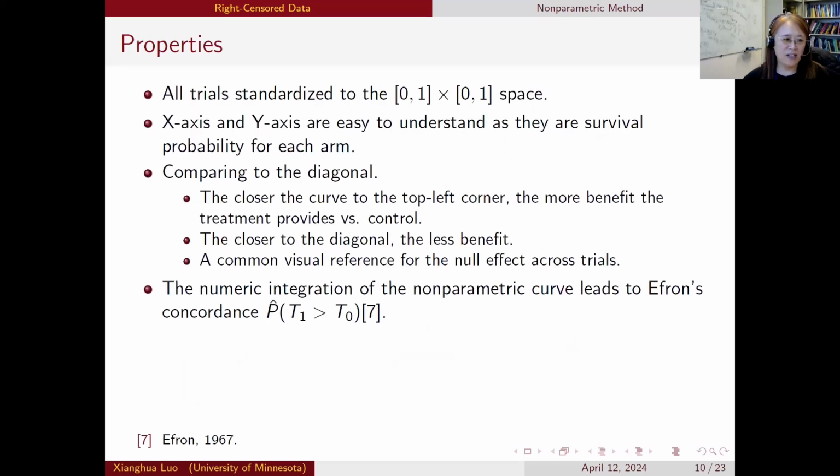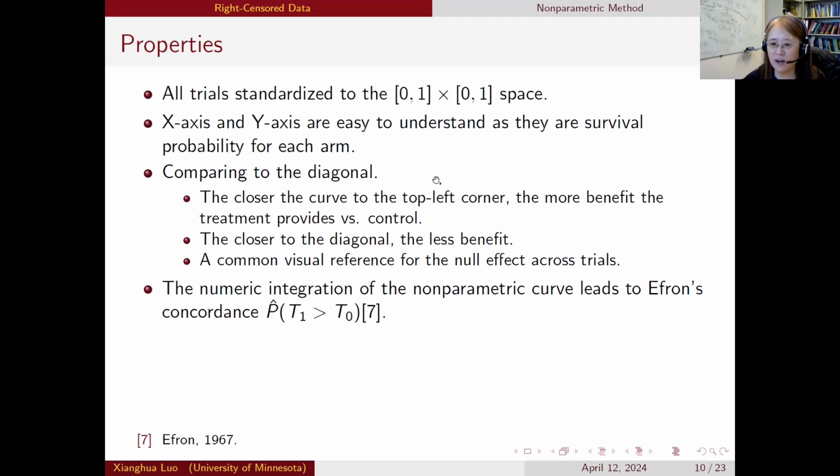Okay. So a little summary of the properties of the non-parametric method for the censored data. As we can see, all trials will be standardized to this same space, regardless of the follow-up time, the censoring, the length of censoring, etc. Secondly, the two axes are easy to understand as they are survival probabilities.